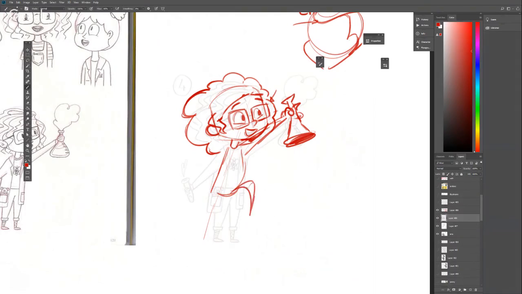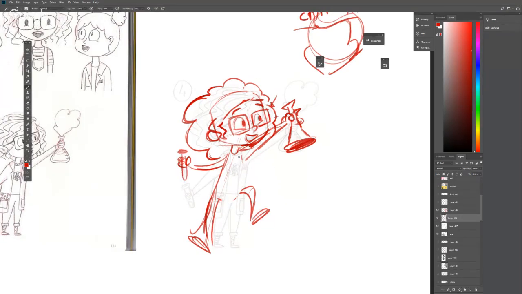So maybe something like this. Maybe the other hand. So maybe she's holding this one like this. And her lab coat goes a bit like this or something.